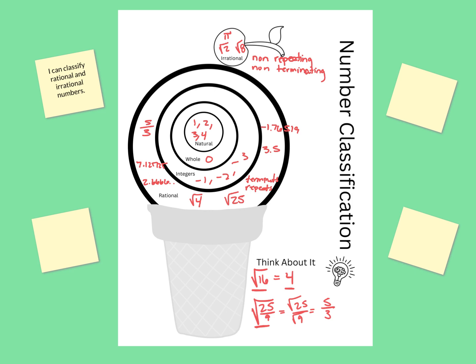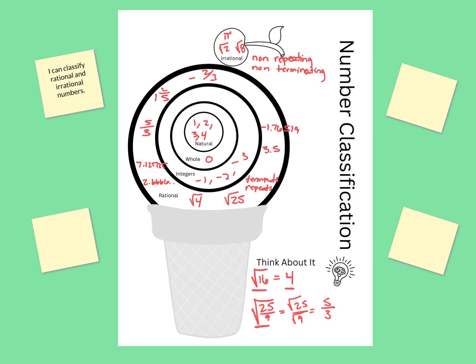So fractions, if I can write it as a regular fraction, proper or improper fraction, if it can be written as a fraction with no square roots left in it, then it's going to be rational. So like 5/3, 1 2/5, -2/3. These are all rational.